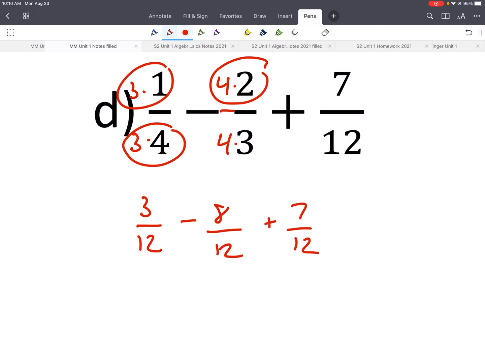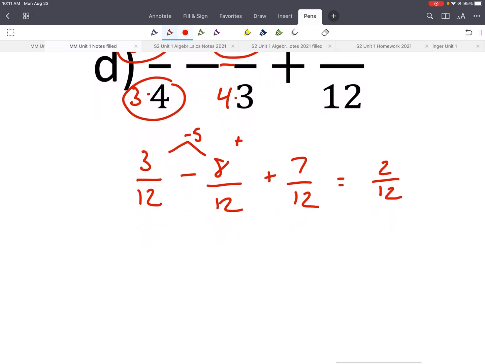Well, that would give you -5. And then we need to add that 7. So that would give us a +2. So 2/12. And if you want to break that into pieces, you could say -5/12 plus 7/12, and then do that last step and get 2/12.